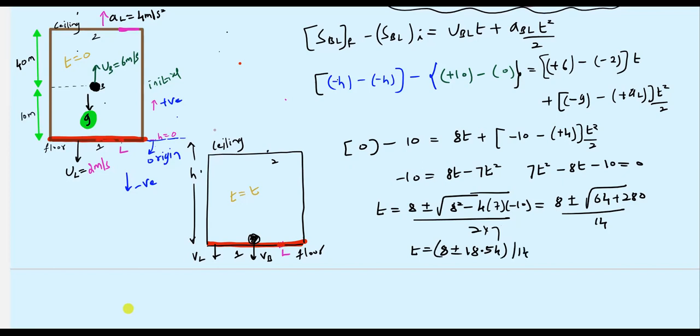The positive time only I should take. Plus 8 divided by 14. 1.89 seconds. And we got positive. So what we assumed is right. So what is the conclusion now? Ball will strike the floor of the lift only.